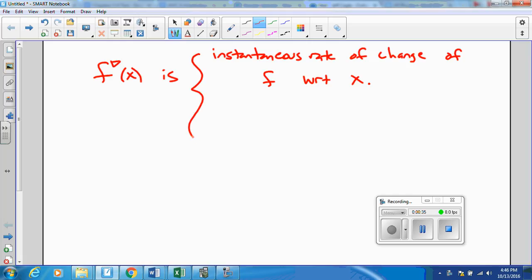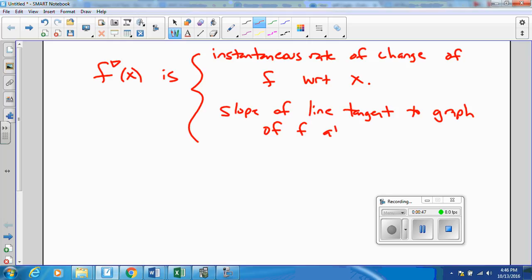Second of all, geometrically, it means the slope of the line tangent to the graph of f at point x. And third, it is the limit as h goes to 0 of f of x plus h minus f of x all over h.